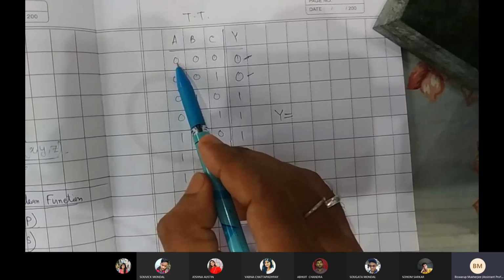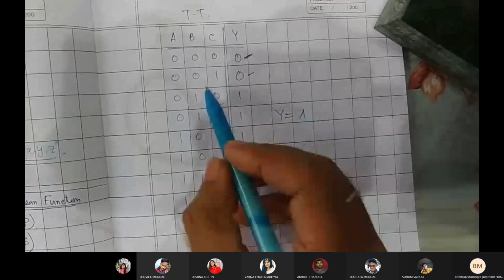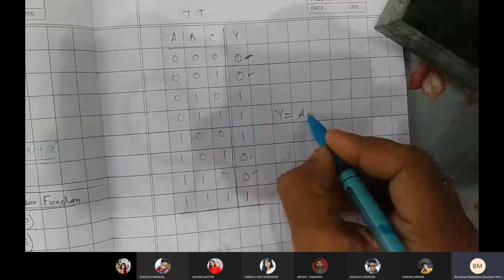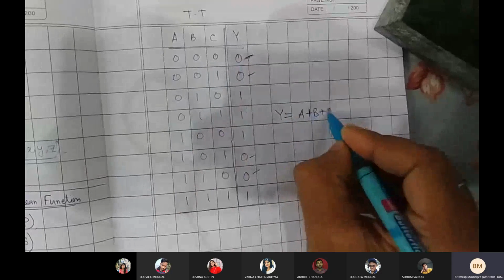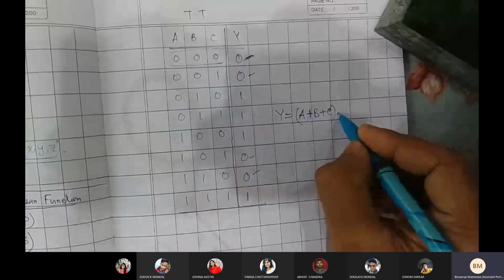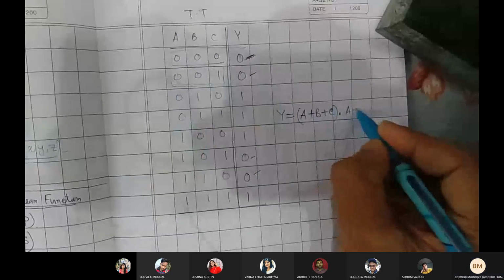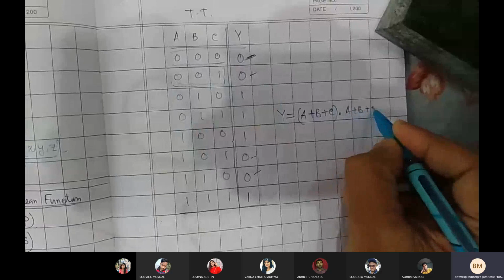But as we are considering 0 as output, this time it would be A. It would be A followed by A plus B plus C. Make sure about this one. So this one can be written like this: A plus B plus C dot. This one also we have to write down, that is A plus B plus C bar.